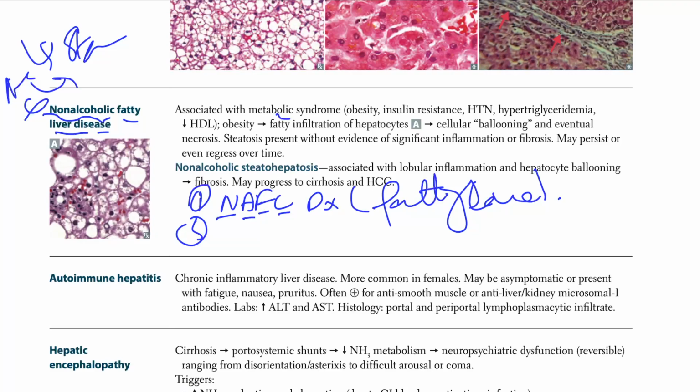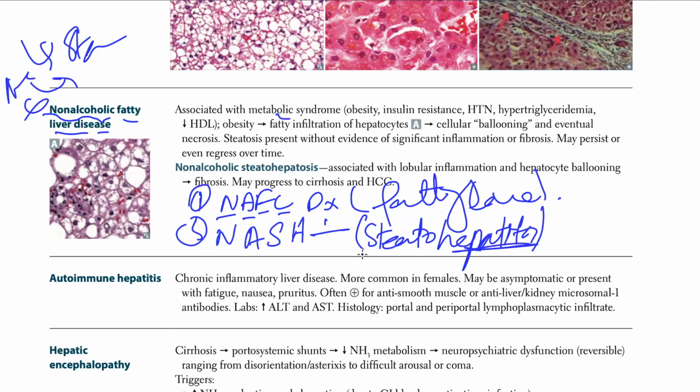But the other one is the non-alcoholic steatohepatitis, NASH. Steato means fatty change. Hepatitis, inflammation of the liver. So here, it is associated with lobular inflammation, plus fibrosis.